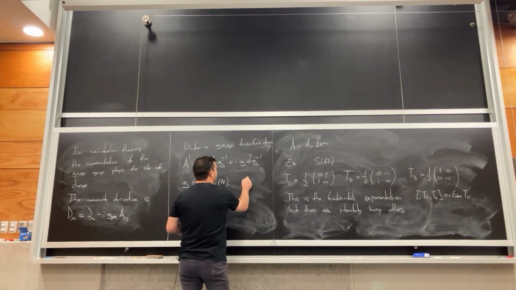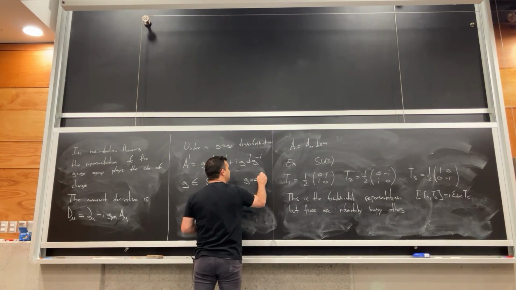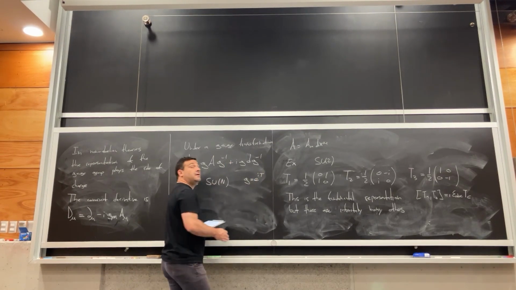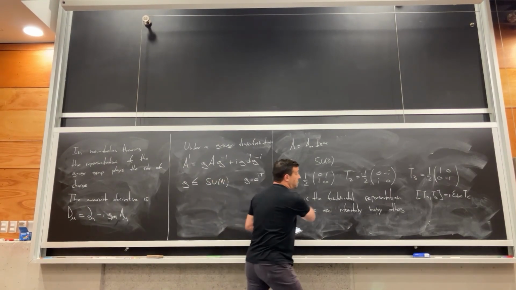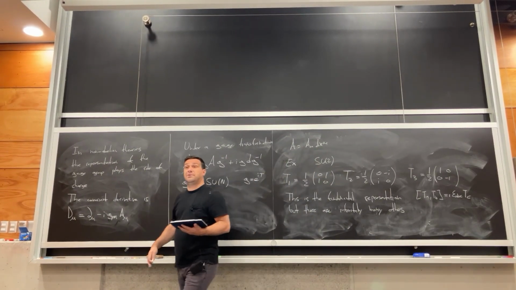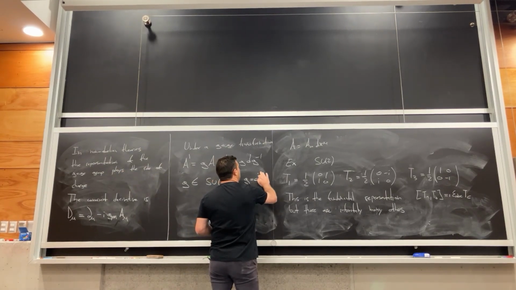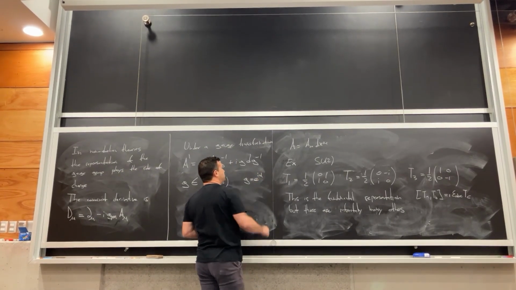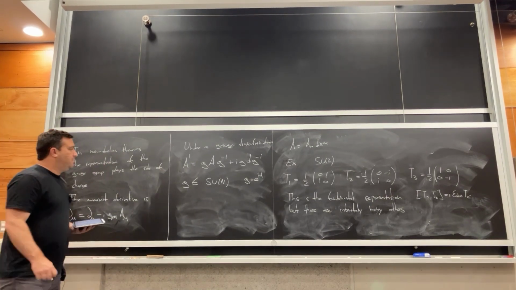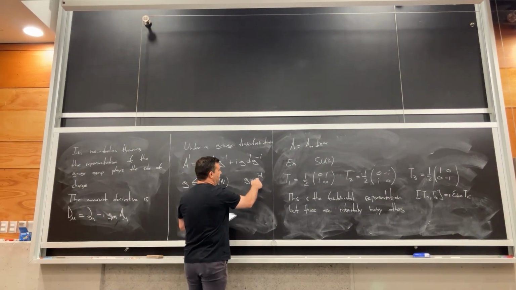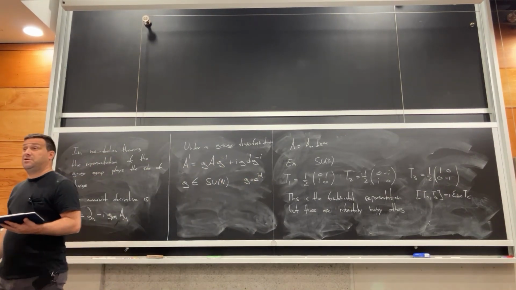And also, we write g as e to the i t, where t is some combination of my generators in the algebra. Let me just call it alpha. Usually you call it that in U(1), right? Or lambda. The point is that this guy lives in the algebra, this guy lives in the group, but they're both matrices. So this is a matrix exponential.